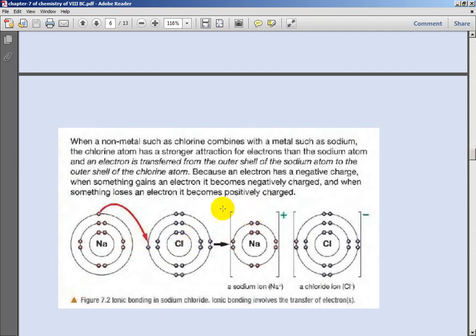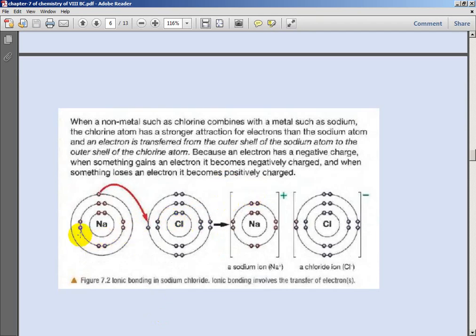Here sodium lost 1 electron and chlorine gained 1 electron. So sodium became a positively charged ion and chlorine became a chloride ion, a negatively charged ion. The strong electrostatic attraction force between the positively charged ion and negatively charged ion forms ionic bonding.